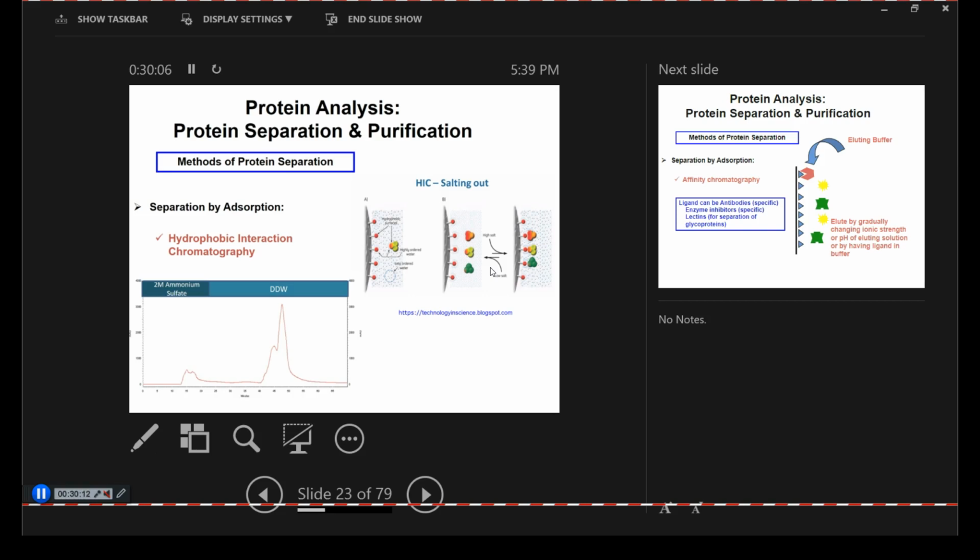In this example, we're measuring absorption. This is basically chromatography linked to UV detection at 280. So we measure absorption, and we can monitor when the protein comes out. When you have an absorption at 280, that means you have protein. You can see here in the salt, we have a little peak. And then in the water fraction, when we put water, most of the protein came out.